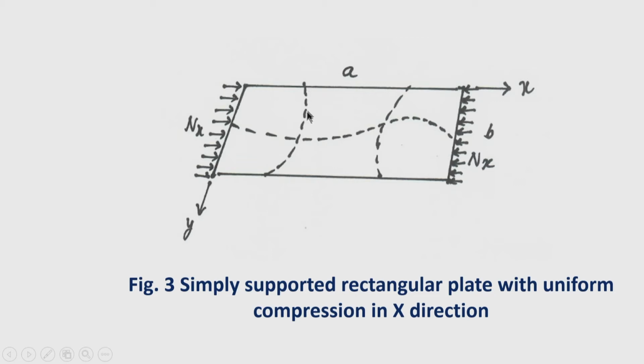So, the plate buckles in the y direction in a single half wave, that is clear, but the number of waves required in the x direction, the longitudinal or lengthwise direction, is equal to a by b. So, a by b is the aspect ratio and this is a and this is b. If this is an integer, then we can get, suppose a is equal to 4 meter and b is equal to 2 meter. In that case, 2 half waves are formed, but this is not always true. So, let us see what we can do.